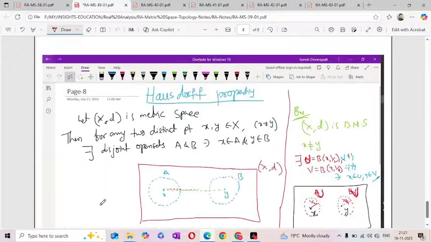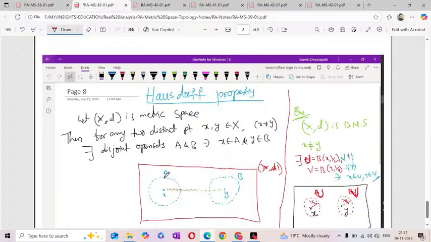Now this is an important statement, so they will sometimes give a question on this statement directly. Before going to the statement, just see the Venn diagram here. Suppose (X, d) is a metric space.